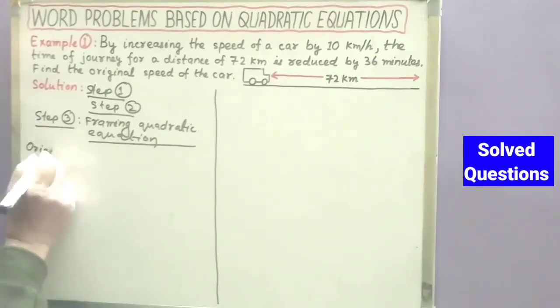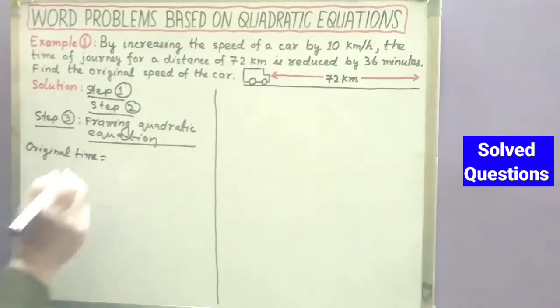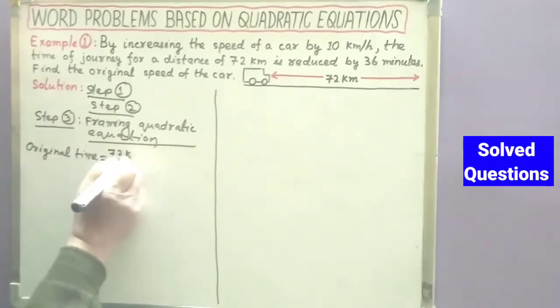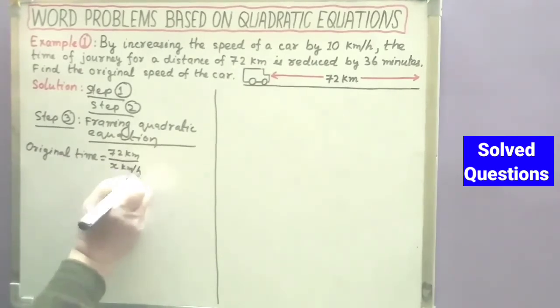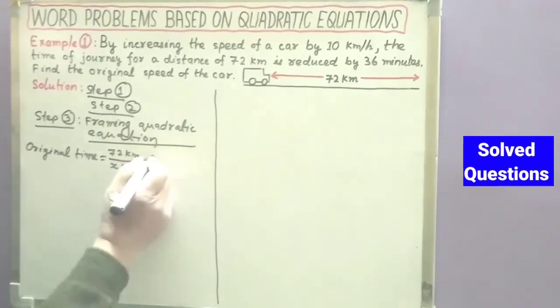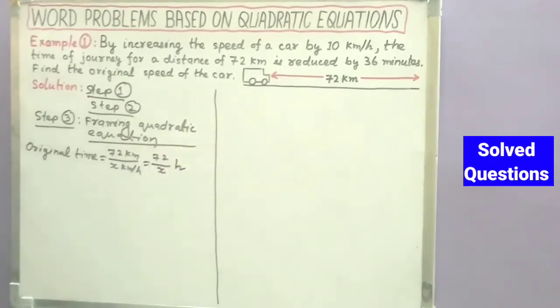The original time of journey is given by the expression 72 km upon x km per hour, equal to 72 upon x hour.